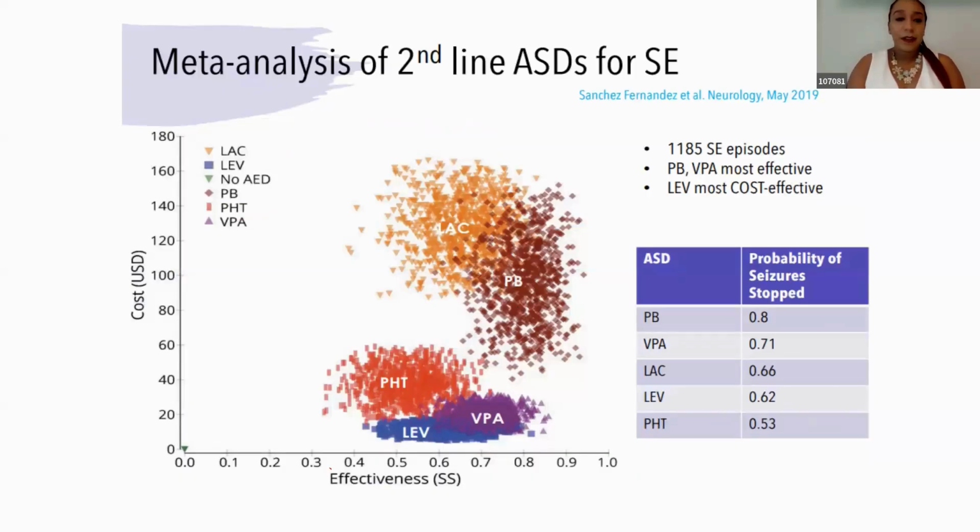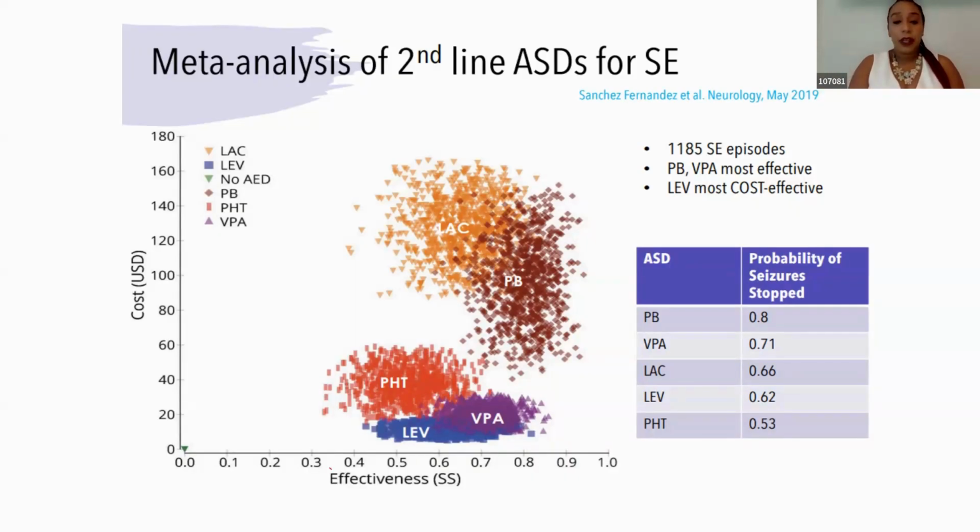Another meta-analysis looked at the second-line anti-seizure medications, which are the 5 that we have in IV form: phenobarbital, valproic acid, Keppra, fosphenytoin, and Vimpat. And when we look at that again, we found out phenobarbital and valproic acid are the most effective, but the one that's most cost effective was levetiracetam, which is Keppra.